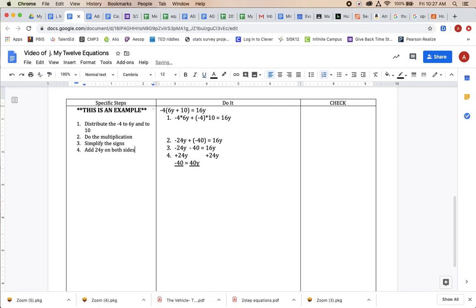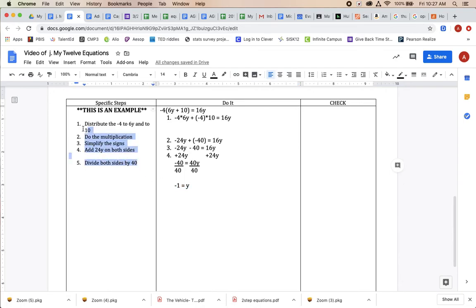I'm going to tell myself that that's what I'm going to do. Divide both sides by 40, right? So negative 40 divided by 40 is negative 1, and 40 and 40 leaves me just with one y, or one pouch, so y equals negative 1.